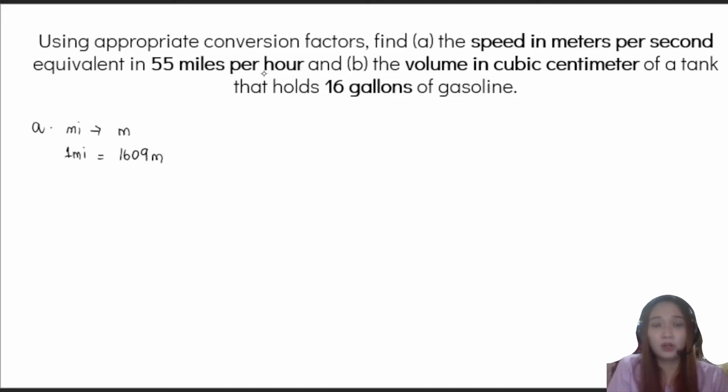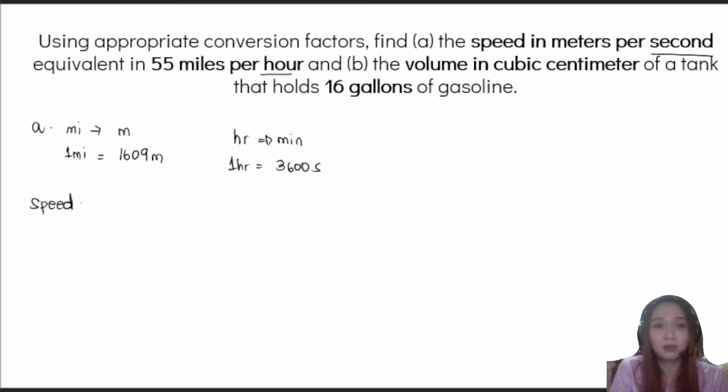Another thing is we have to convert hour to seconds. Okay, so how many minutes in 1 hour? So 1 hour is equal to 3,600 seconds.